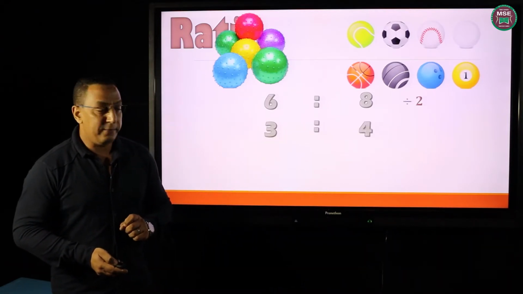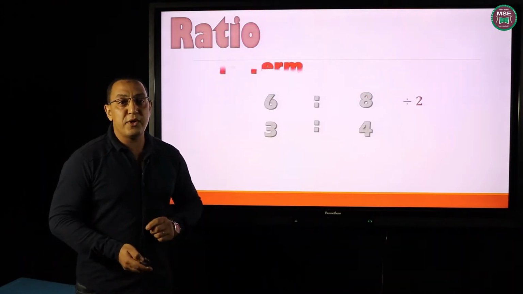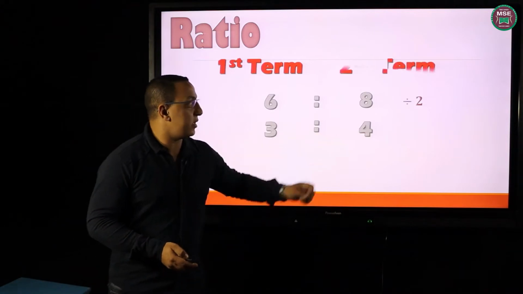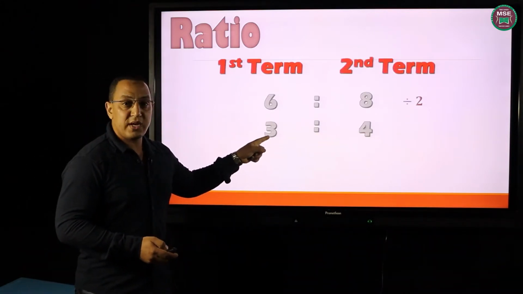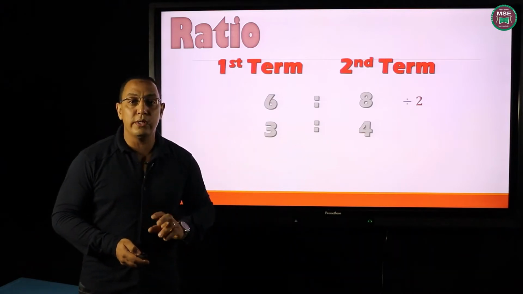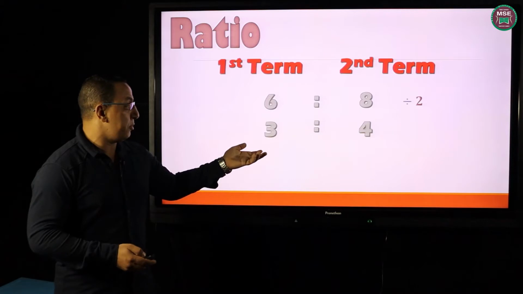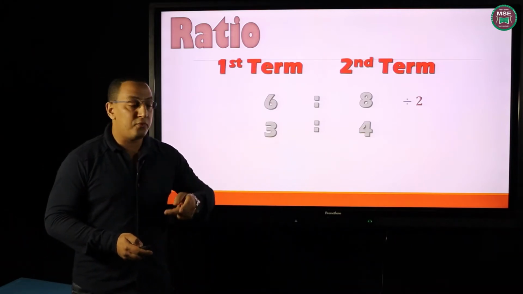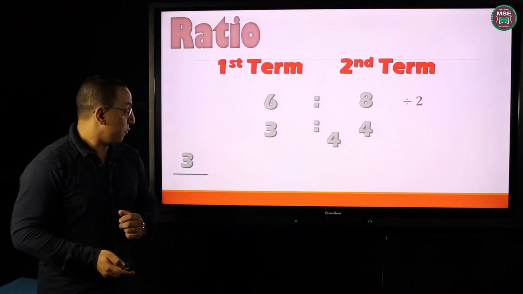In that case, that one is called the first term of the ratio, and this one is called the second term of the ratio. Or we can put this ratio in another form like this, 3 over 4.